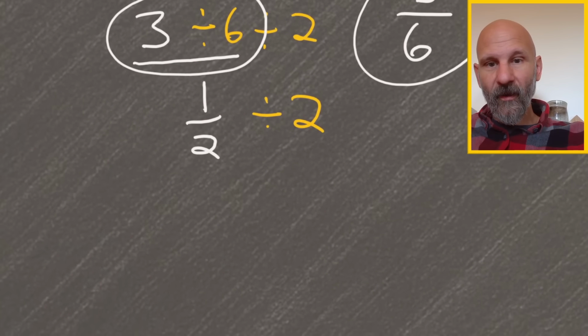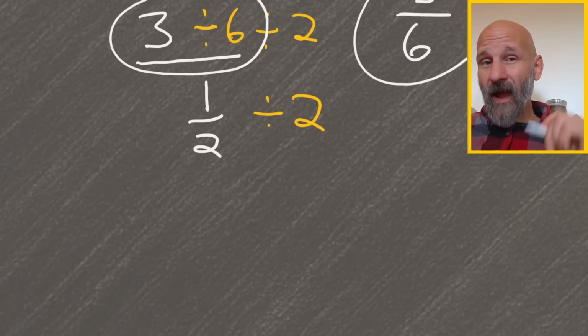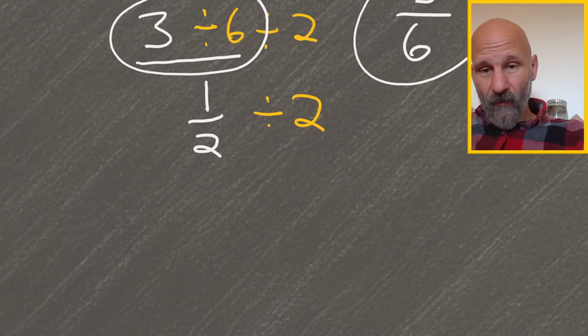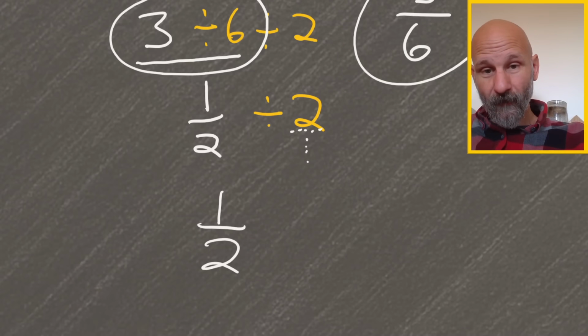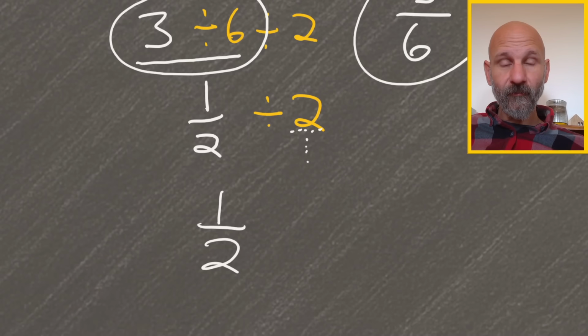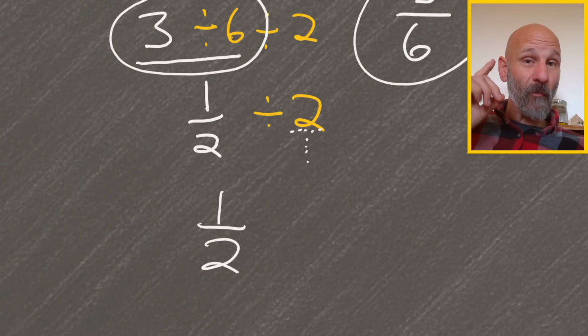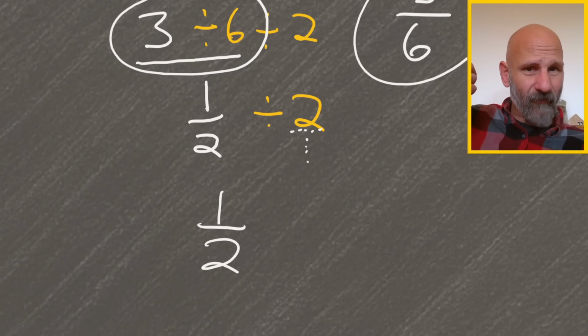Now, the other thing that we can think about here too is we got 1/2 divided by 2. Now, remember with dividing fractions, we can think of this 2 as 2 over 1. When we divide fractions, we multiply by the reciprocal. We don't actually divide fractions. We do keep, change, flip, or keep, switch, flip.